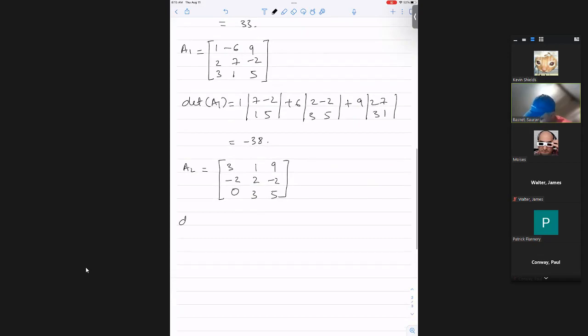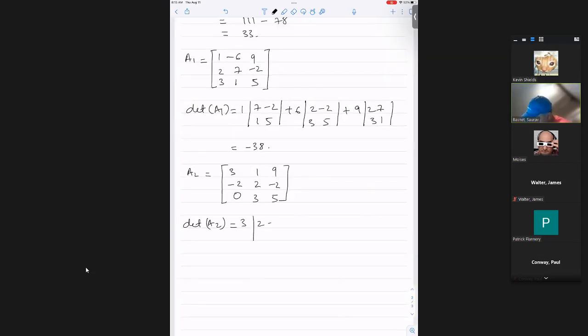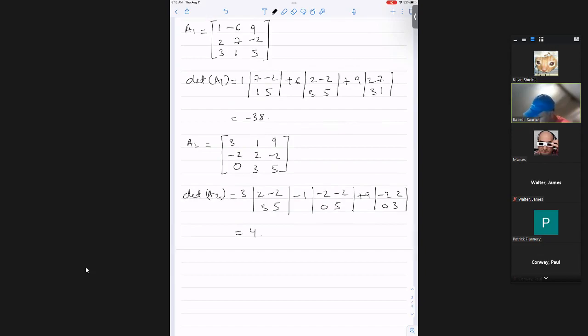And so I find the determinant of A2, that is, let me do this, 3, 2, -2, 3, 5, -1, -2, -2, 0, 5, plus 9 minus 2, 2, 0, 3. If I do this, I get 4.